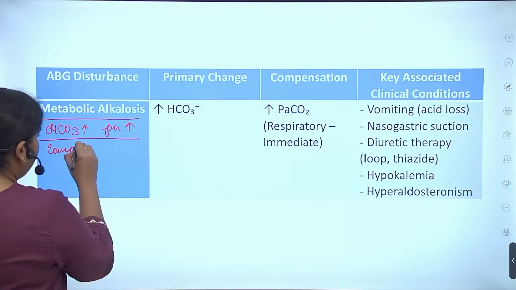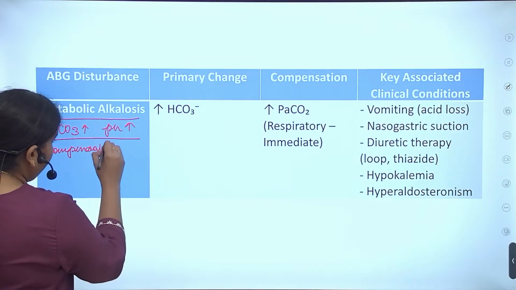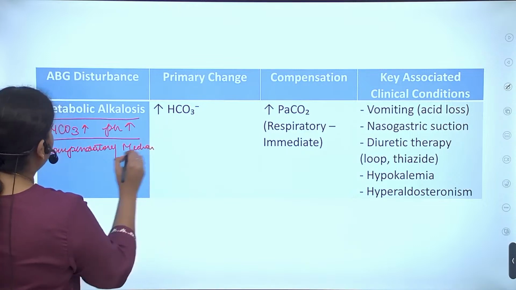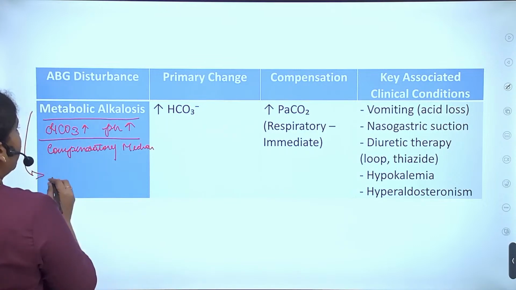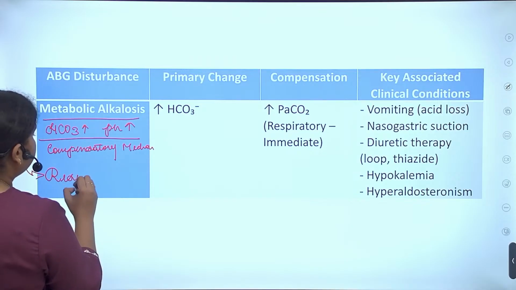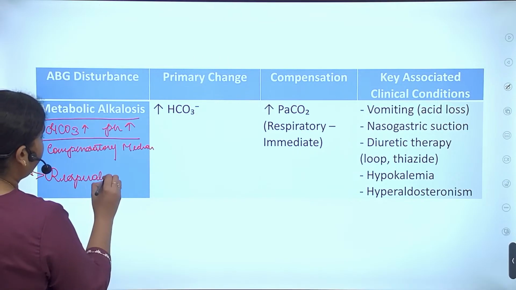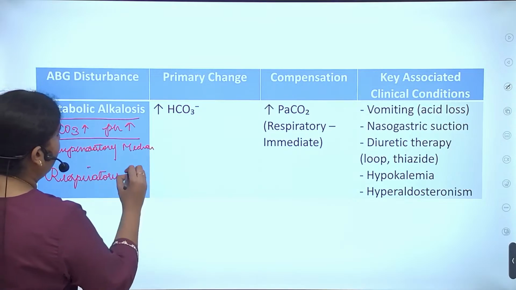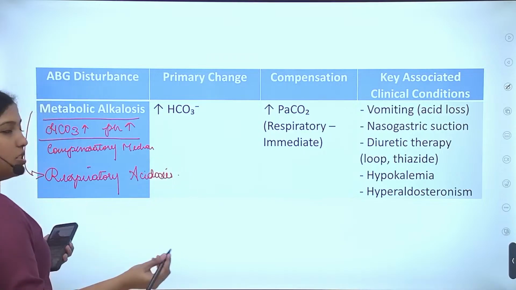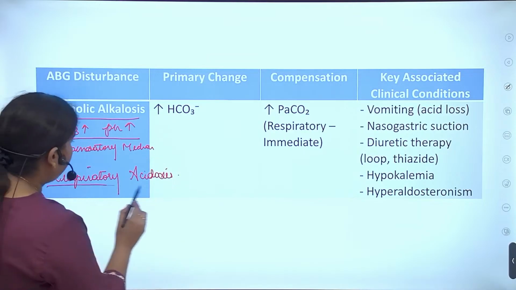The compensatory mechanism for metabolic alkalosis is respiratory acidosis. Clear? Always remember that respiratory is opposite.